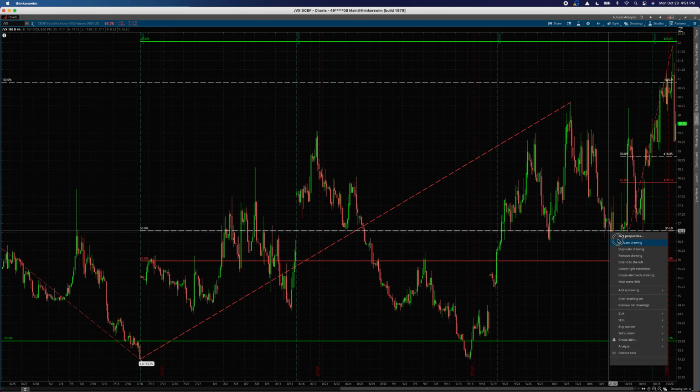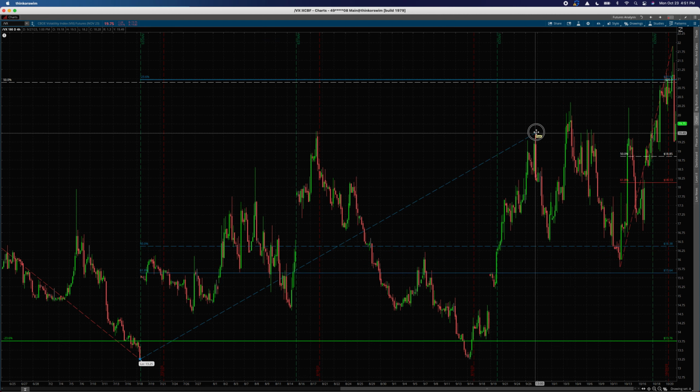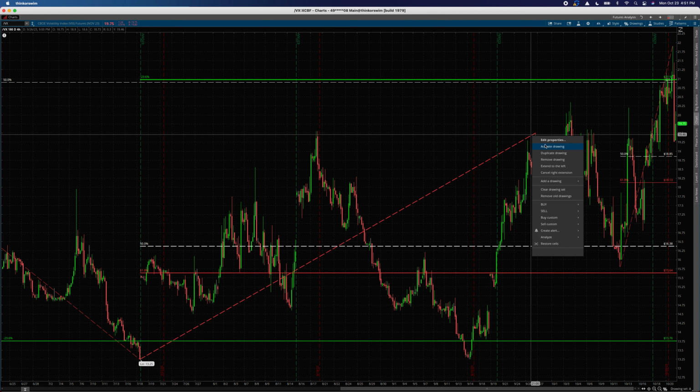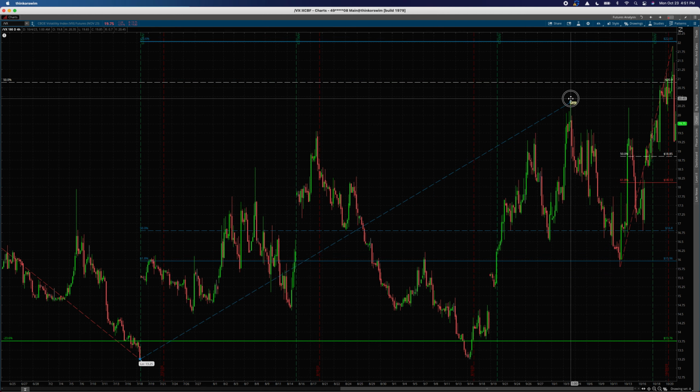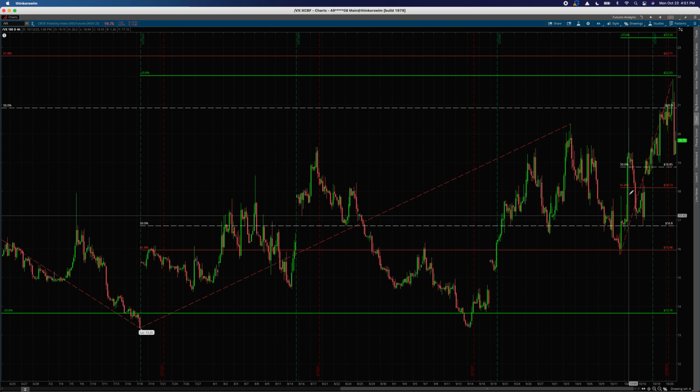Here is 1680. There's also an example of 1640. So we will rock with the 1680. It pierced the 61.8. It then had a nice rally toward a new high. Then it retested 1680, and then from there it's had this nice move higher toward its target of 2205.